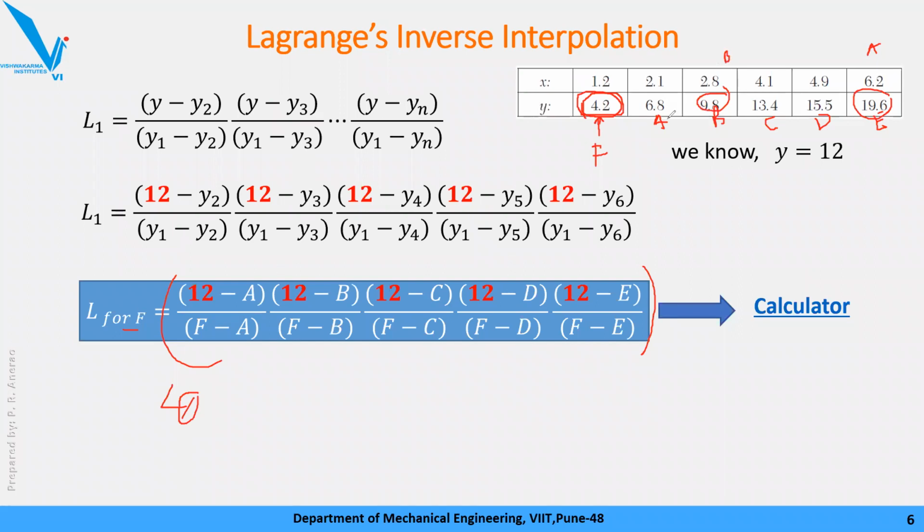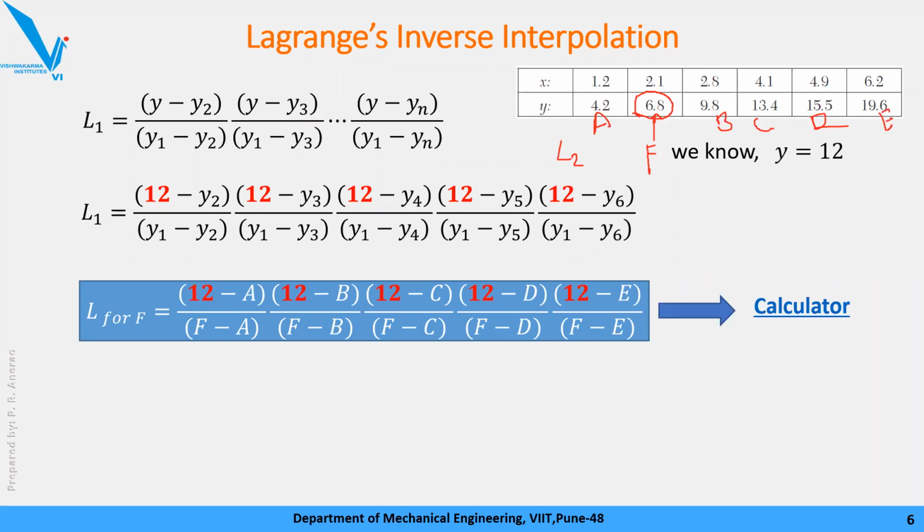The important part is you need to cover all the y's, but f should be entered correctly. In case of L2, if you want to find L2, it depends on data number 2, so this 6.8 should be f, and the remaining values of y should be a, b, c, d and e.